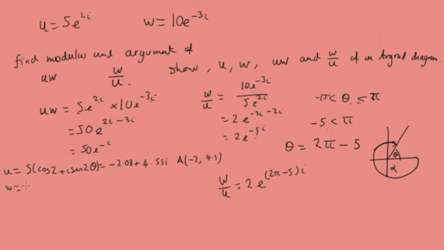w is going to be 10 cos minus 3 plus i sine minus 3. Calculating that, you'll get minus 9.90 minus 1.41i.